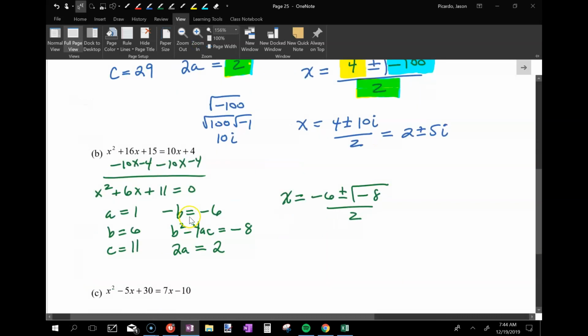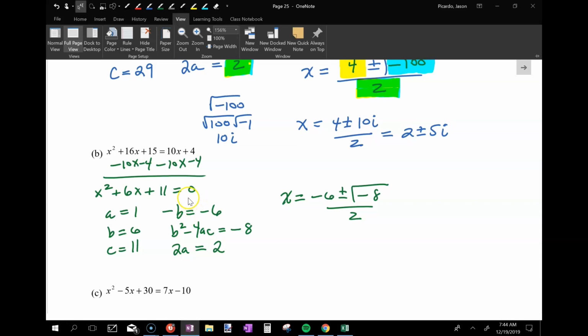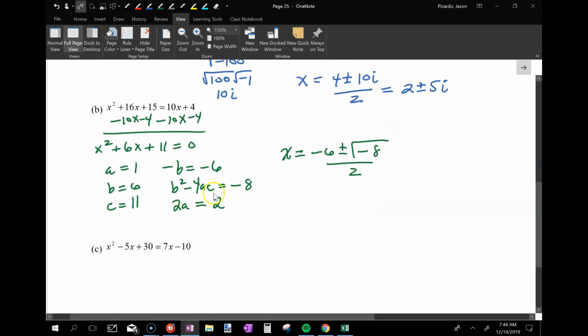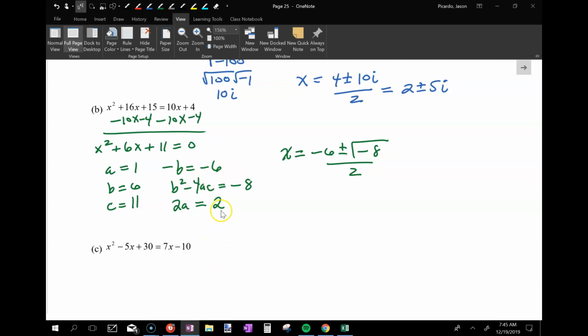B squared minus 4AC. B squared minus 4AC, Cam, is the discriminant. So if I say, guys, what's negative B? You say negative 6. If I say, guys, what's the discriminant? You say negative 8, right? So this has a special name, okay? And we're going to do more with that next class, okay?